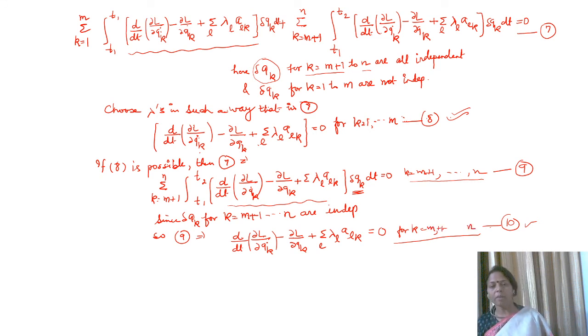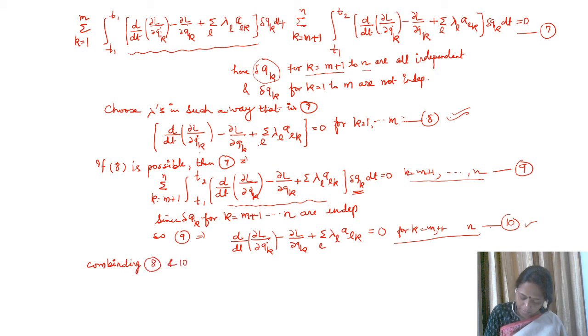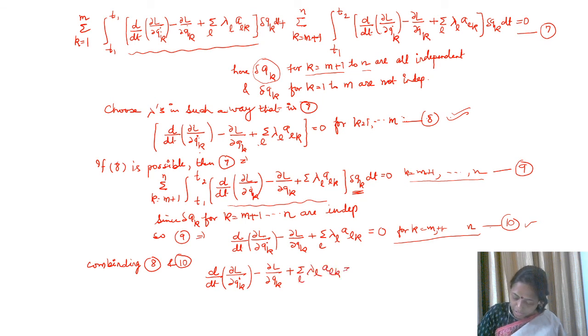So if we combine the two, 8 and 10, then what do we get? We get d/dt of ∂L/∂qk dot minus ∂L/∂qk plus summation lambda_l a_lk is 0 for k equal to 1 to n.